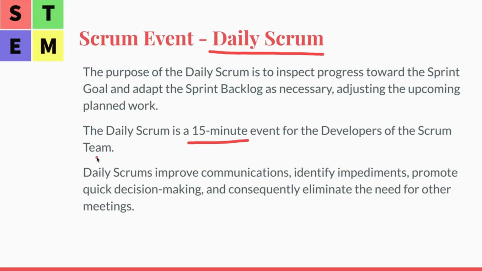Usually 3 topics: what we've done, what we are planning to do, and any blocking issues. If there are blocking issues, the Scrum Master is there to help remove them.